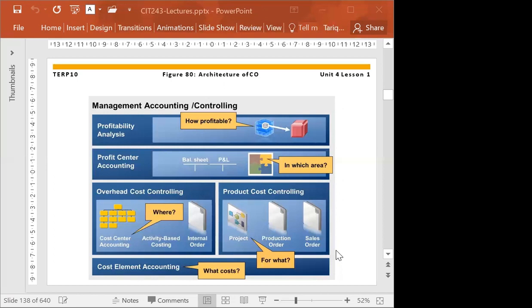Okay, for example, we have different departments: the CIT department, computer science department, business department, human resource department, purchasing department, or you can say the sales department.